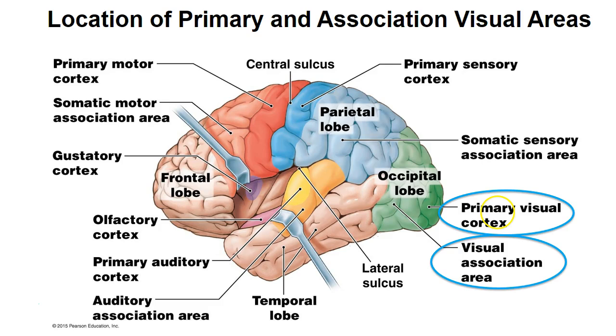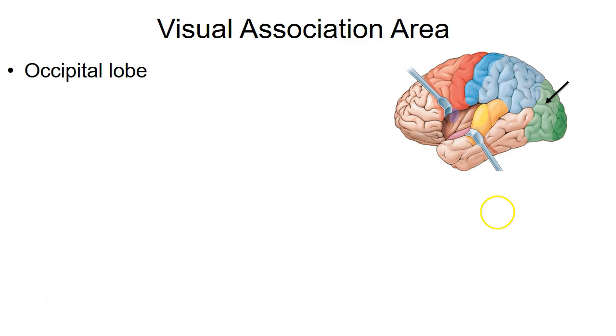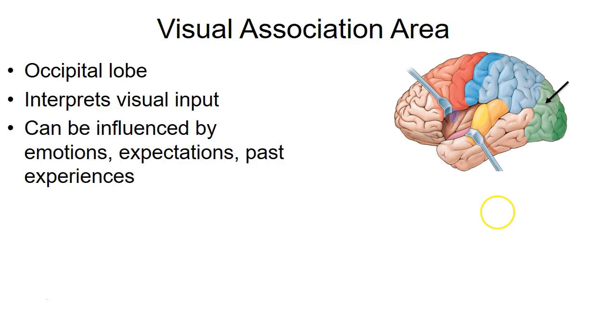Being able to identify and interpret it is happening in the association area. Now, you can be influenced by past experiences, whether they be good or bad. So here, influenced by emotions, expectations, past experiences. Once again, if you see sandpaper, part of that is going to be referencing past experiences.